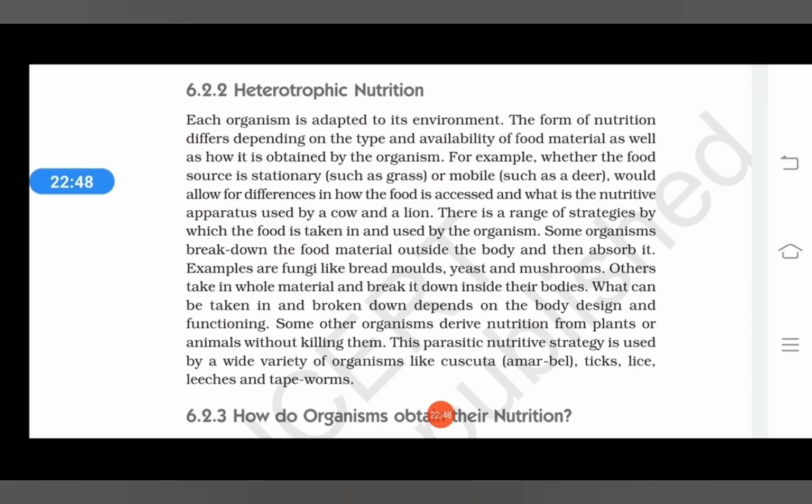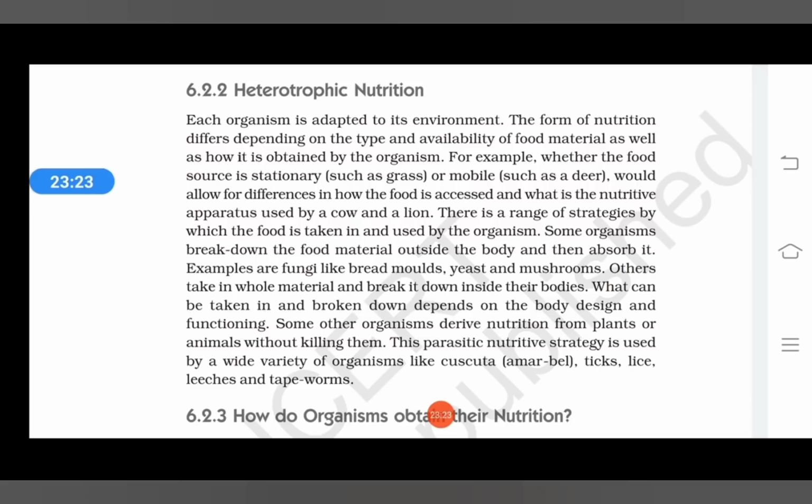So, in heterotrophic nutrition, the source of food is either static, like grass, which does not move, or a moving one, that is deer. The deer is the food of the lion, and it is not static, it keeps on moving. So there is a range of strategies by which the food is taken inside.